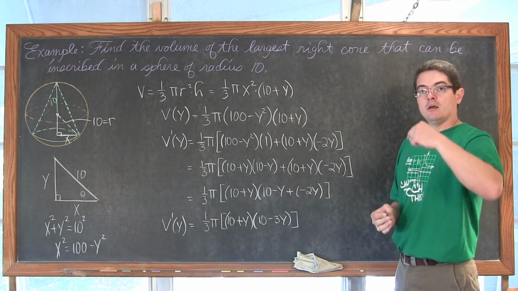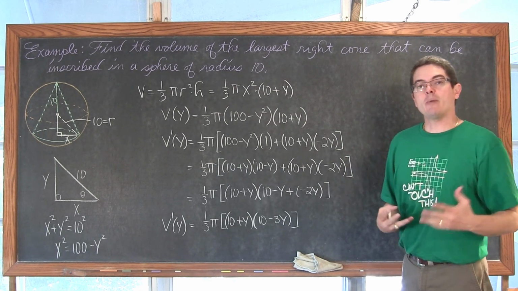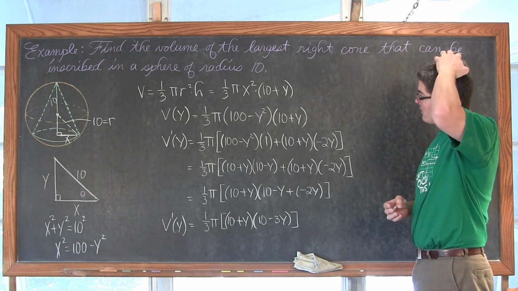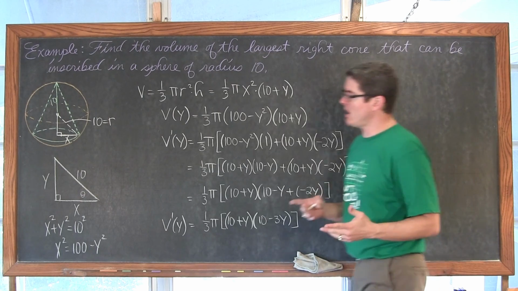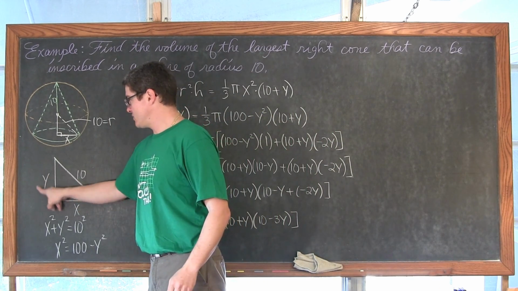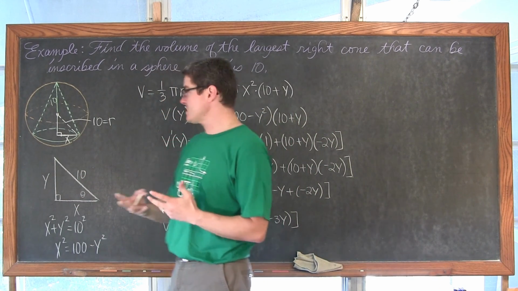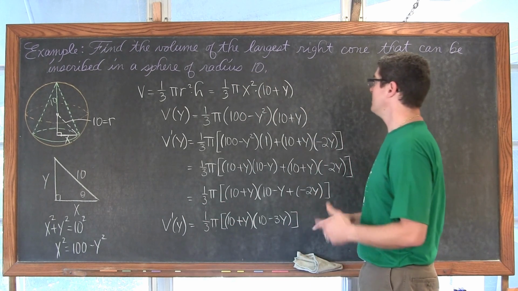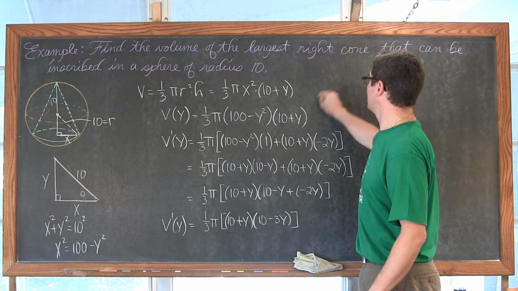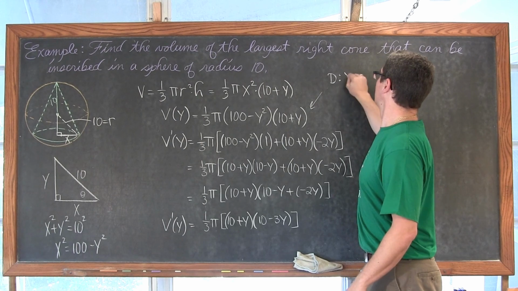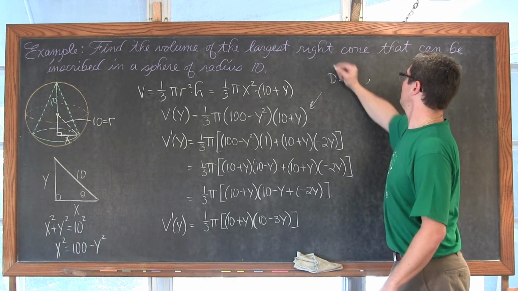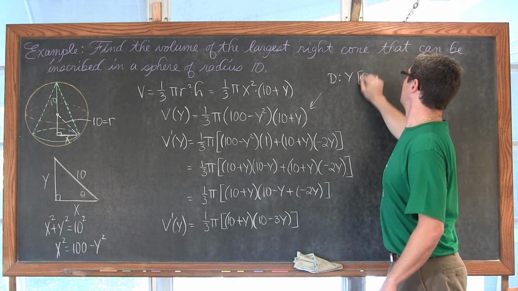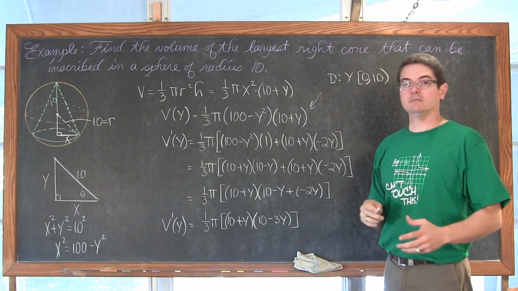But what is your reasonable domain? Don't forget to check that. So my reasonable domain, well, if you think of y as being just the side of a right triangle, then your reasonable domain for y is going to be from 0 to 10.